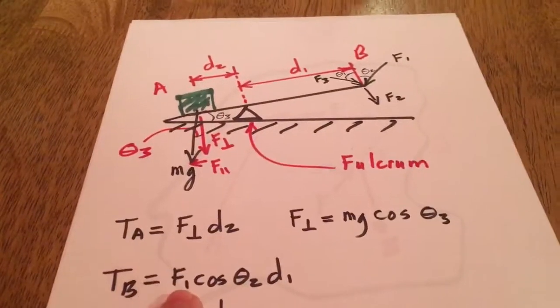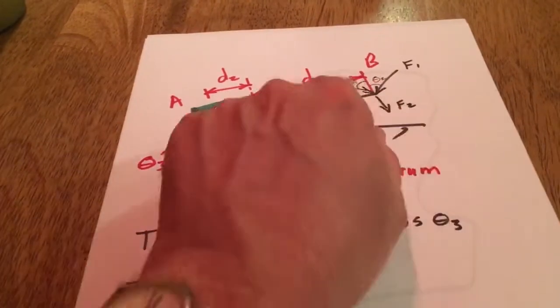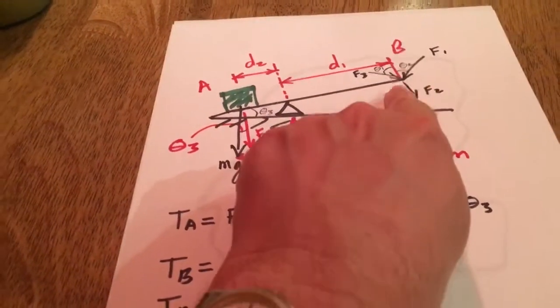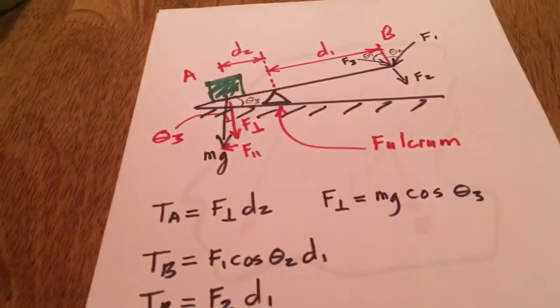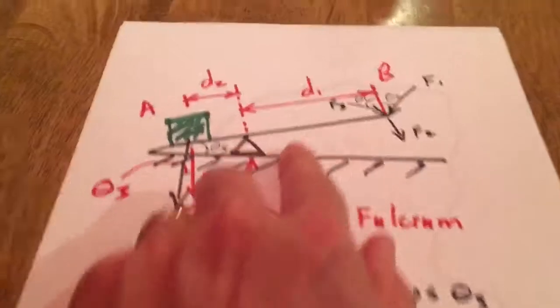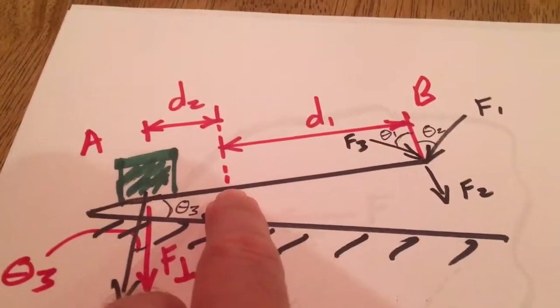It's going to be F1 times cosine of theta 2, because that gives me my perpendicular component. That's all I care about with torques and moment arms: that perpendicular force, times distance d1, which is the distance from point B to the fulcrum.